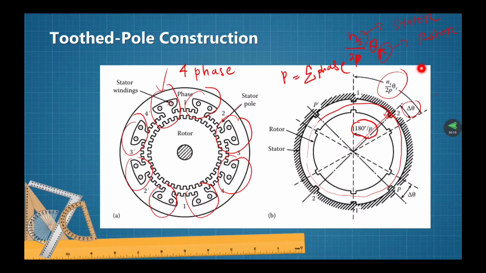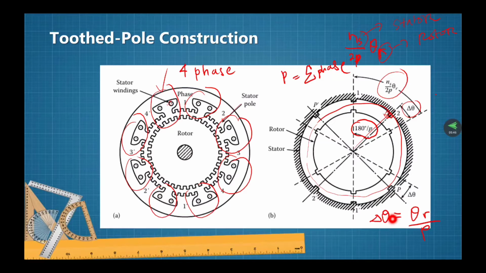Okay, in P steps. This relationship, delta theta equals theta r divided by P, still holds, but from the previous equation we can modify it to accommodate tooth poles.